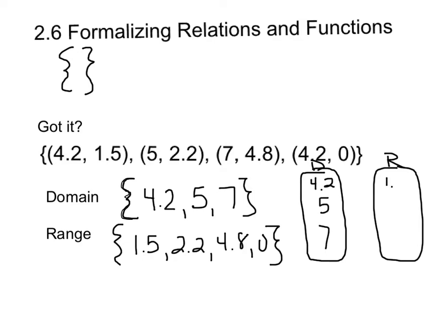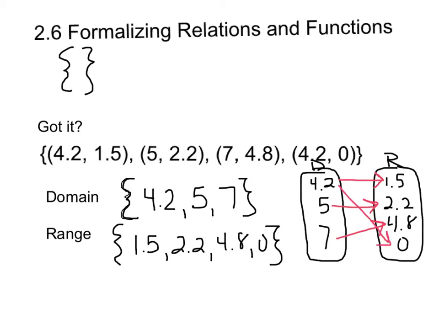Your range would be 1.5, 2.2, 4.8, and 0. And now to map them, you just draw an arrow from your x value to your y value. So 4.2 gives you 1.5, according to our ordered pairs. 5 gives us 2.2. 7 gives us 4.8. And 4.2 gives us 0.